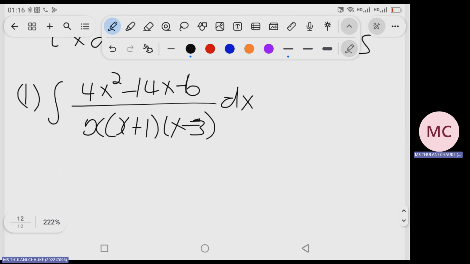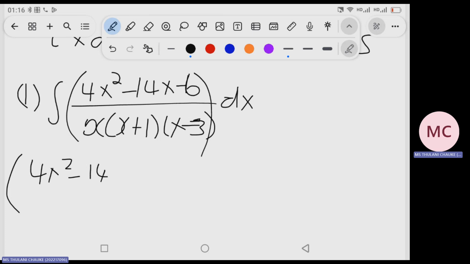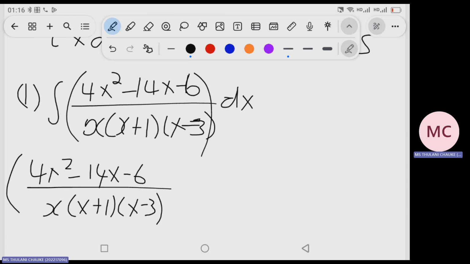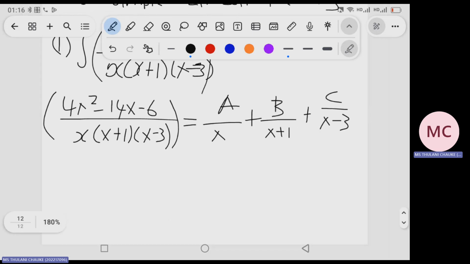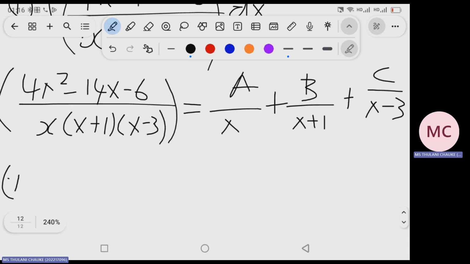So here you're going to say this guy, you'll equate him with a over x plus b over x plus 1 plus c over x minus 3. And then you'll multiply on the left with this.